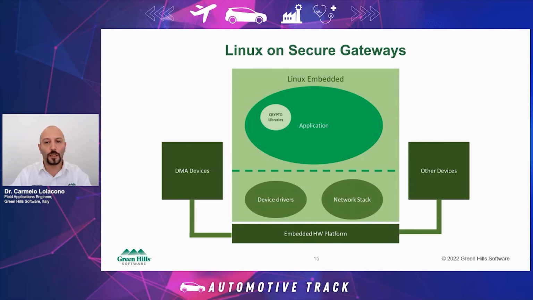So the encryption keys are managed by Linux directly. For a monolithic kernel with a lot of lines of code, this is not really good from the security point of view. Also, Linux is managing the devices directly.